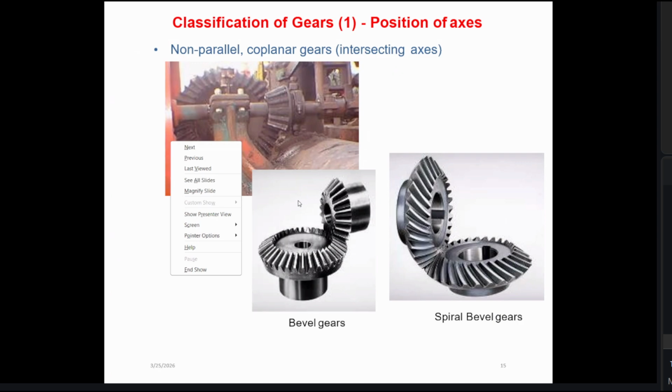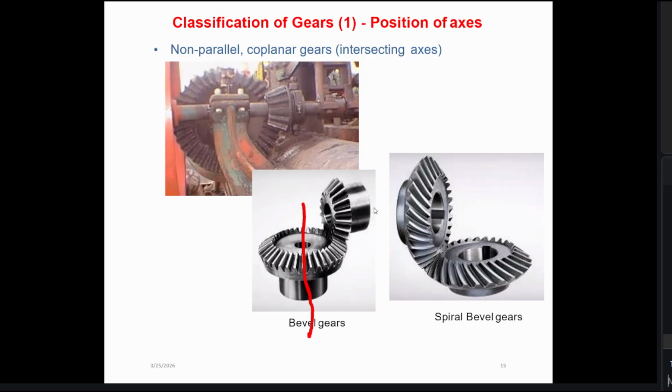Our teeth are not parallel, right? And especially these bevel gears are here to transmit power in between non-parallel axes, right? So that is very important in the case of power transmission, especially in compact drives, right?